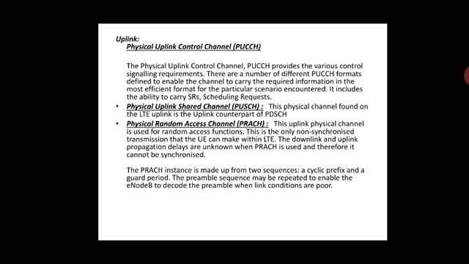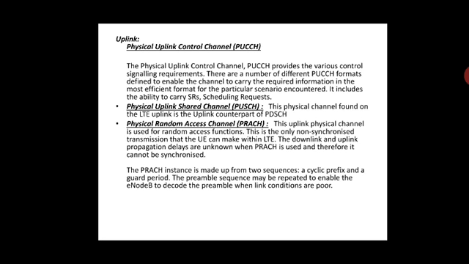The next one is in the uplink physical channels, that is the PUCCH. The uplink physical channel PUCCH provides various control signaling requirements, that is, what your user entity requires, and it sends it to the nearby station, the eNodeB, which we see in the LTE system.